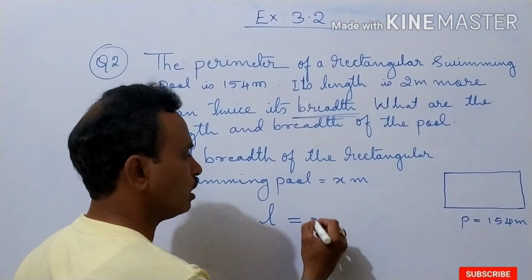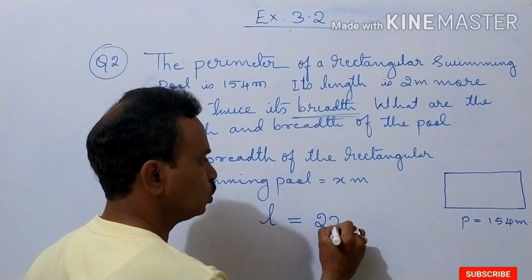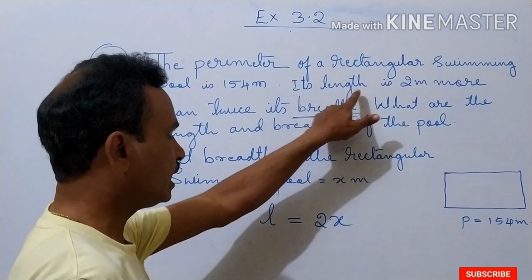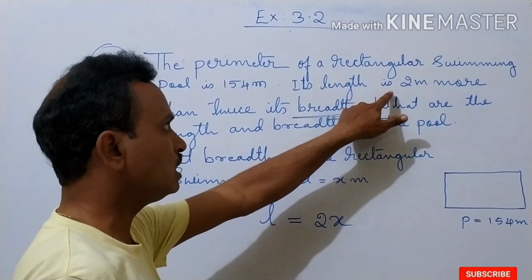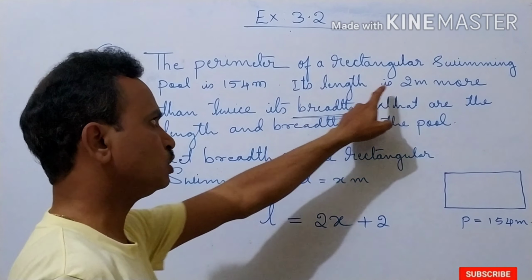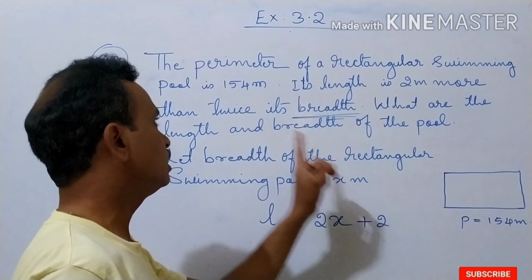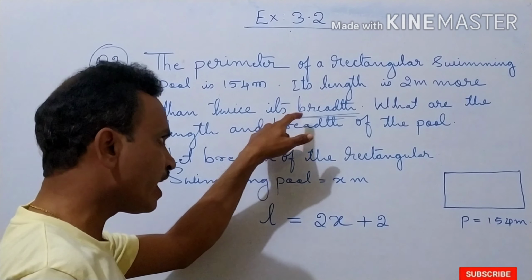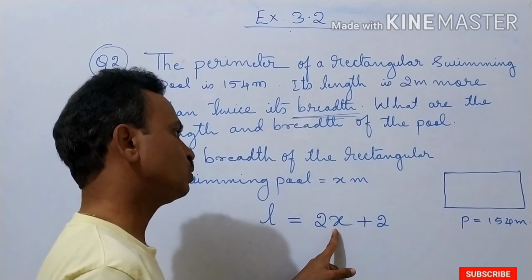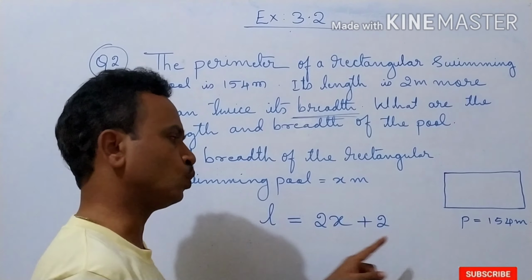Twice means double, 2x. Its length is 2 meter more. 2 meter more means plus 2. So L is equal to 2x plus 2.